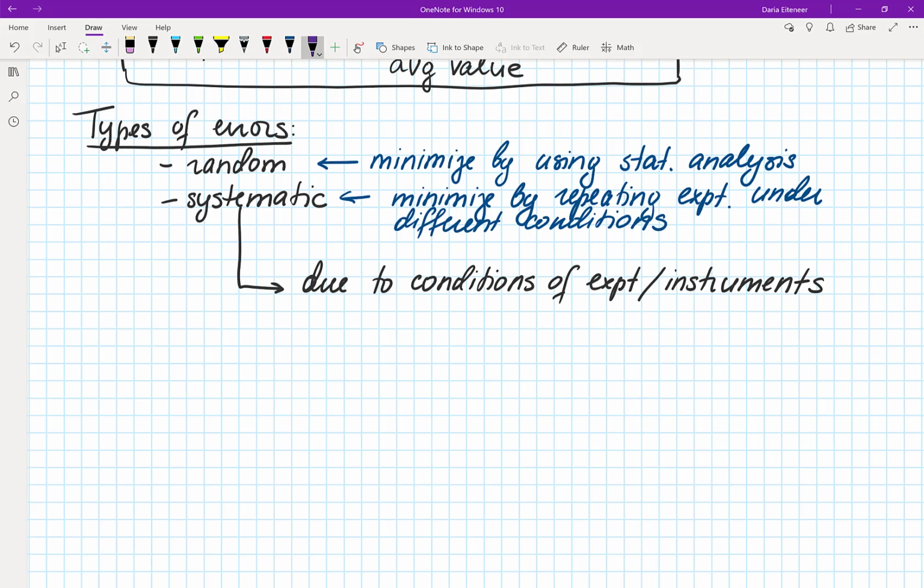Furthermore, the idea that no instruments are perfect leads to what we call experimental uncertainty.